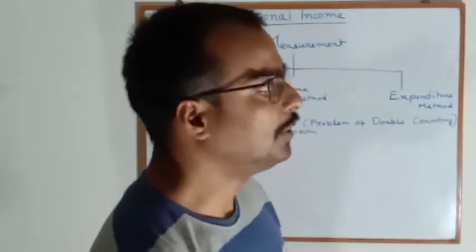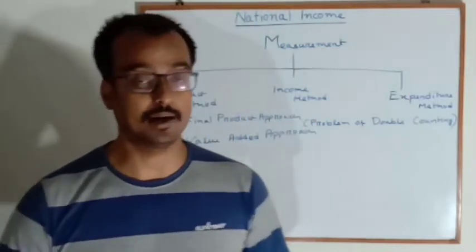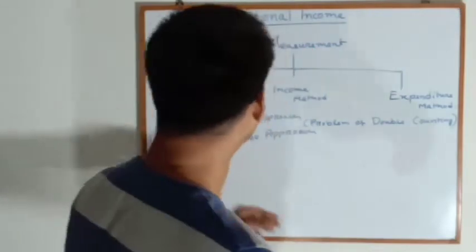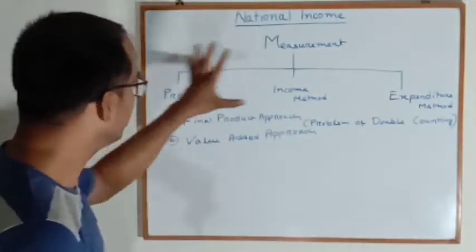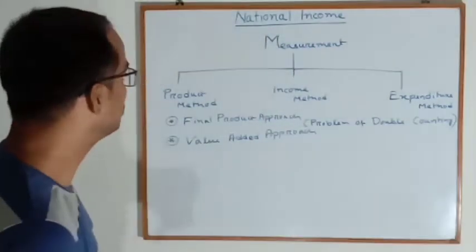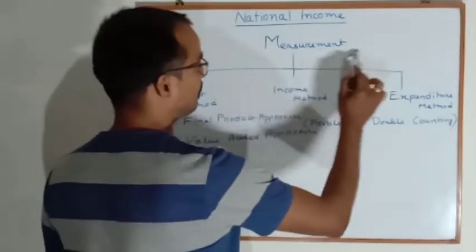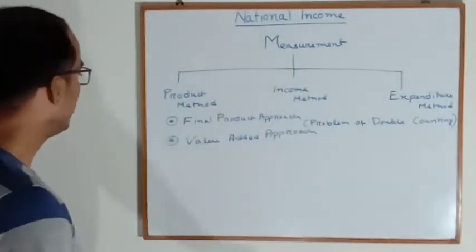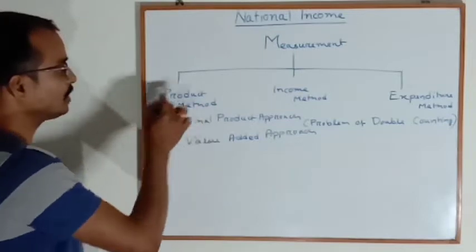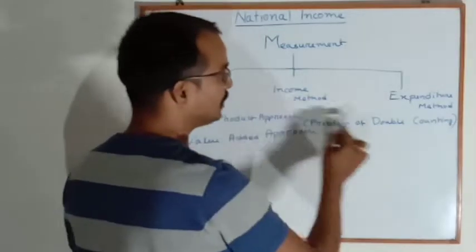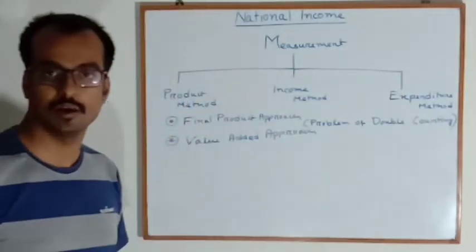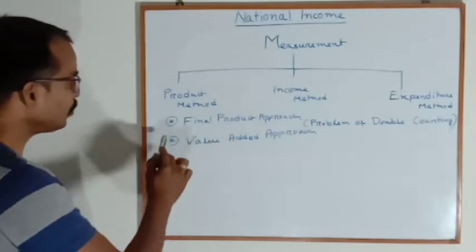Today we are here with part 3, and as I have written, we will be going through these issues: measurement of national income, and 3 methods: product method, income method and expenditure method.